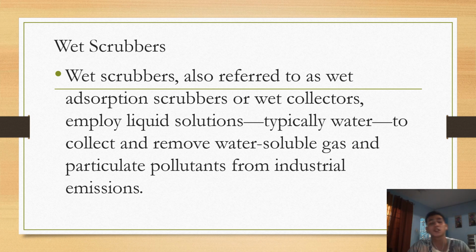Next is wet scrubbers, also referred to as wet adsorption scrubbers or wet collectors. They employ liquid solutions, typically water, to collect and remove water soluble gas and particulate pollutants from industrial emissions.